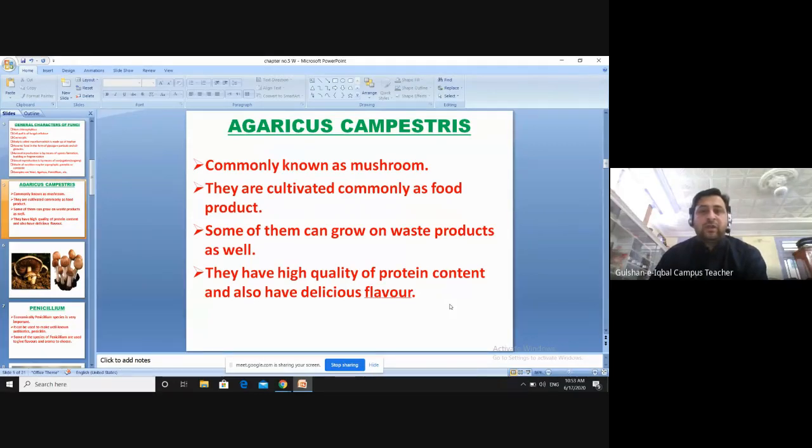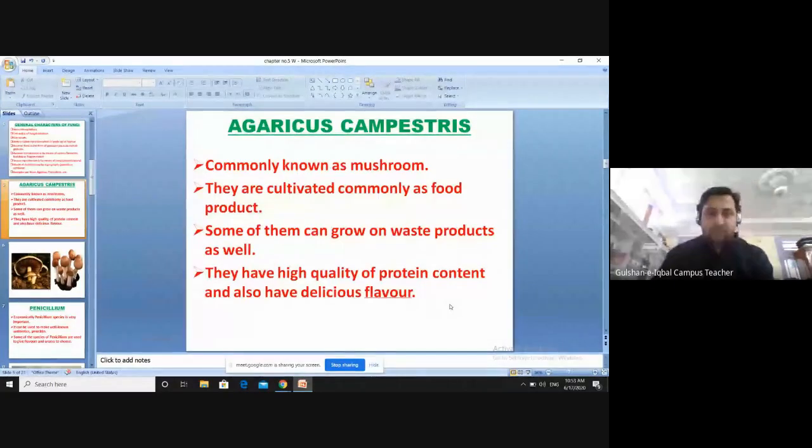If you want to eat protein, you can have the mushroom, and there are different kinds of mushroom that you can use. All the mushrooms are not usable. Not all mushrooms you can eat, but some of the species, for example agaricus campestris, can be used as a protein product. You can eat them as a protein product with a delicious flavor as well.